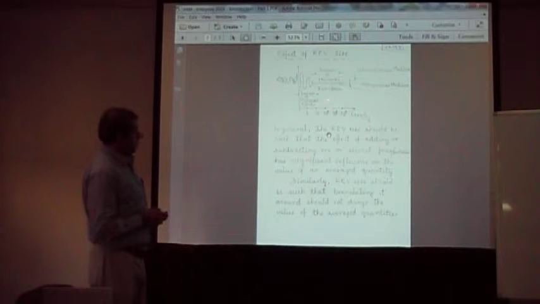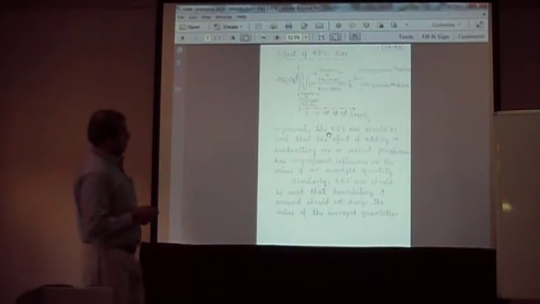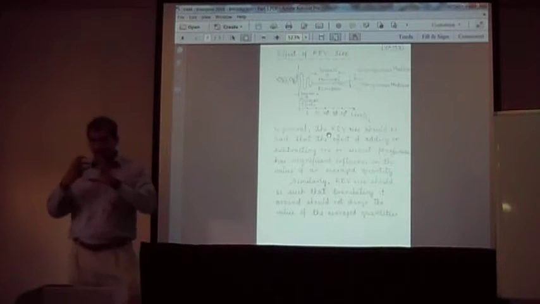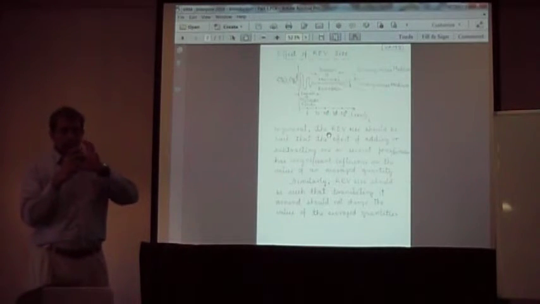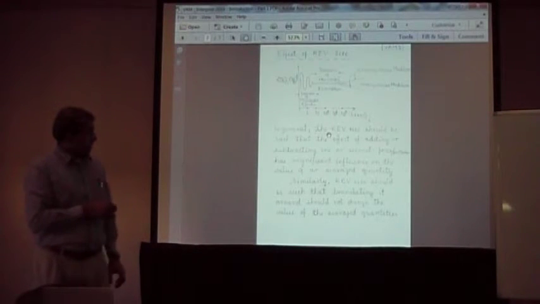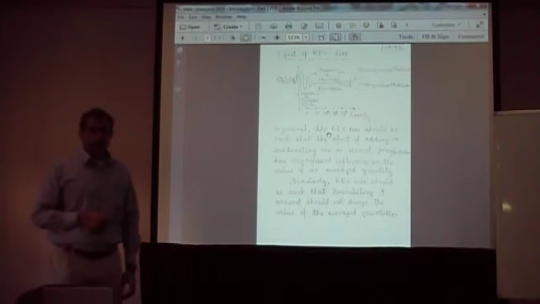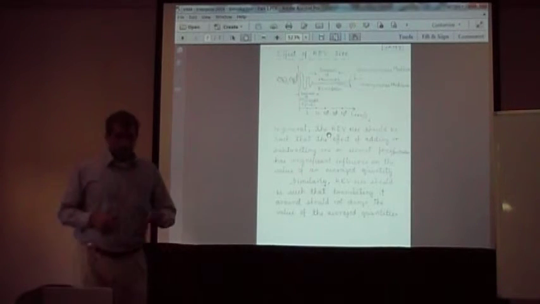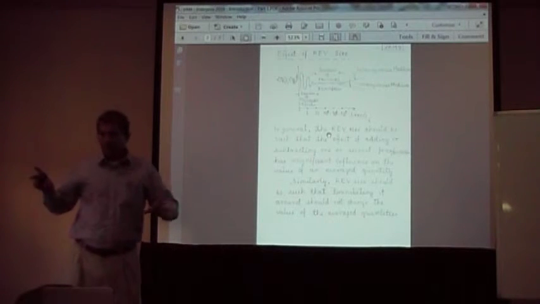If your REV size is very small, the particles can be of the same size as the REV, and if you increase the size a little bit, there's a big change in the averaged quantities. Initially, there's just one particle. As you increase, now there is a fluid phase around that, and then you include another particle.